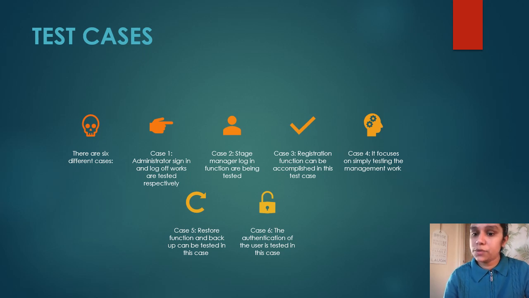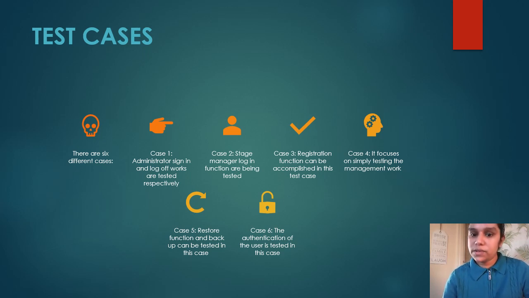The first case that was given to us was the administration sign in or log off in our respective manner. First they have to sign in, and then they have to sign off. The next stage was for the managers, where the stage manager login functions are being tested, like how a manager can log in to a system.